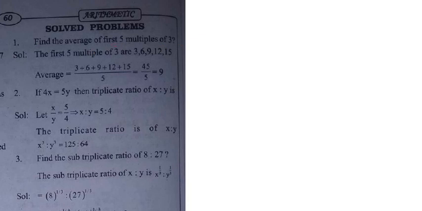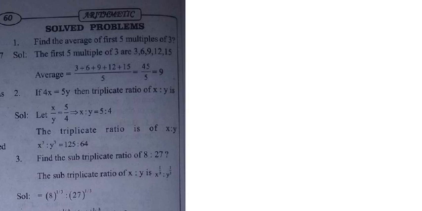What did I tell? What is meant by average? Average equals sum of observations by number of observations. Yes or no? I'll write here. Average equals sum of observations by number of observations.